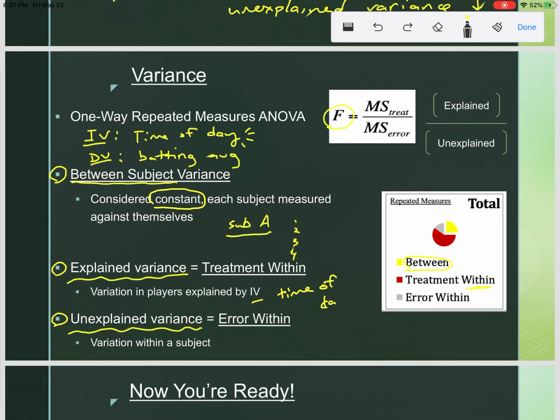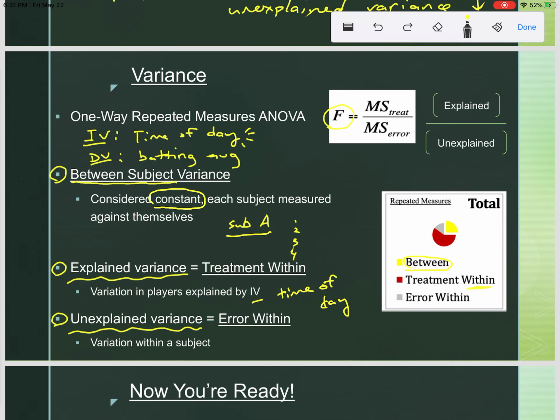So our treatment within variance is the variance in that player's batting average over the 4 times because of the difference in time. Batting average is lower during the day, it's higher at night. That is an explained variance. It is a variance between the 4 scores for the same person that is due to the independent variable.